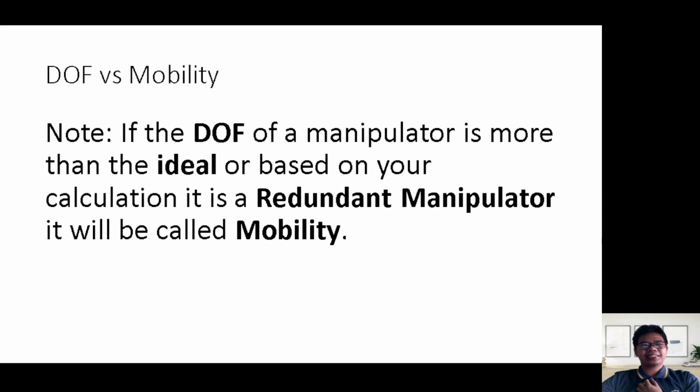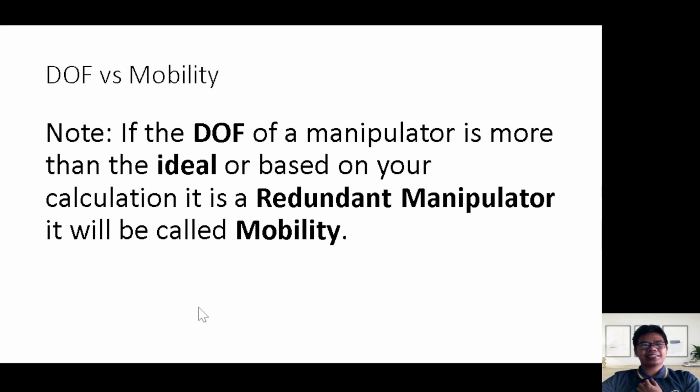This extra mobility can be harnessed for versatility, adaptability, and overcoming obstacles in complex scenarios. Remember, degrees of freedom and mobility play a crucial role in determining a manipulator's capabilities and applications. So next time you analyze a manipulator's design, consider the balance between degrees of freedom, ideal configuration, and potential mobility to optimize its performance.